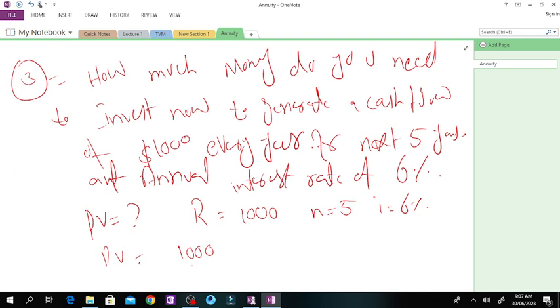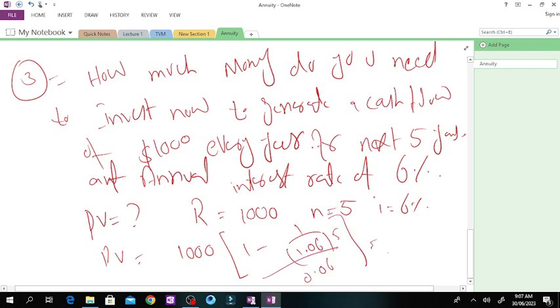Okay, so what we are going to do is calculate the present value. The present value is R into 1 minus 1 over 1 plus i, which is 1.06, to the power 5, and whole divided by 0.06, and ultimately you would get a present value of 4212.36.